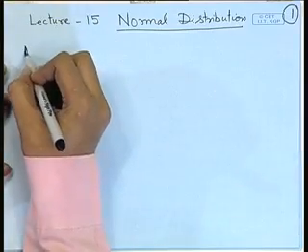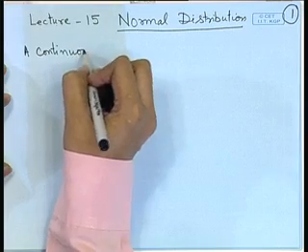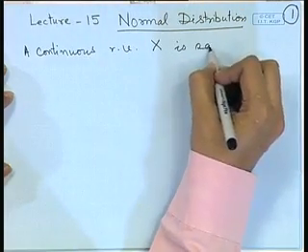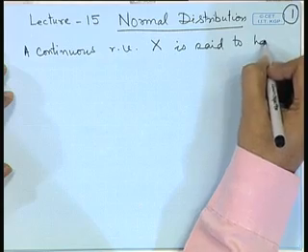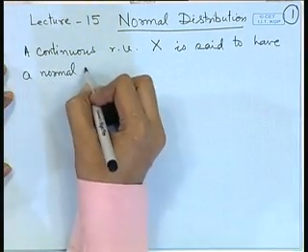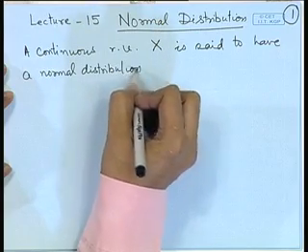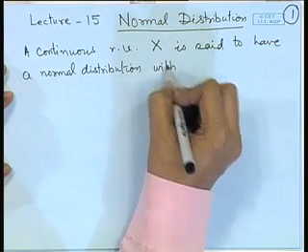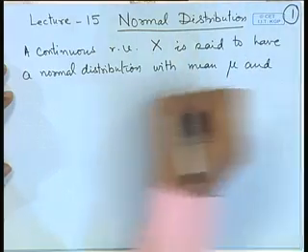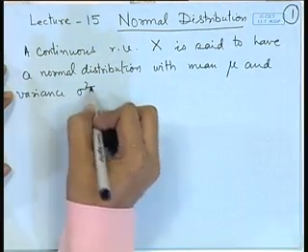So, a continuous random variable x is said to have a normal distribution with mean mu and variance sigma square.